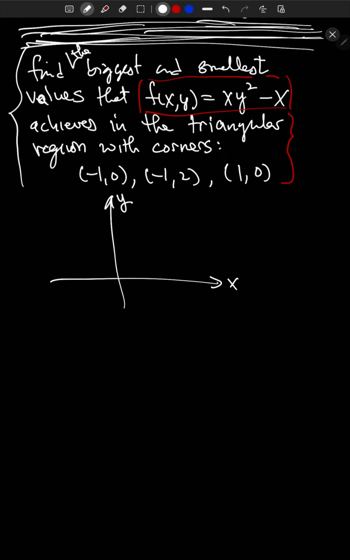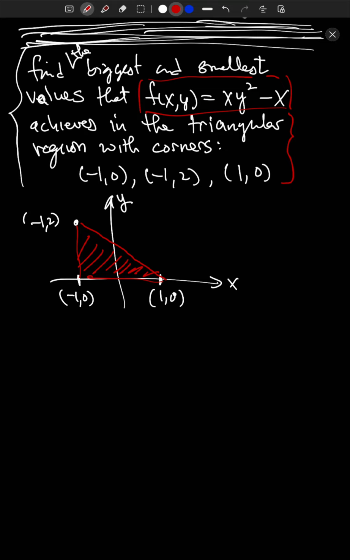So we've got minus 1 comma 0 here, we've got 1 comma 0, and we've got minus 1 comma 2. We're interested in the triangular region with these three as the corners, so this region right there. We're trying to find the biggest and smallest values that f of x achieves for inputs within this region. Okay.